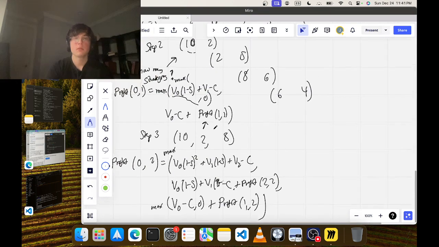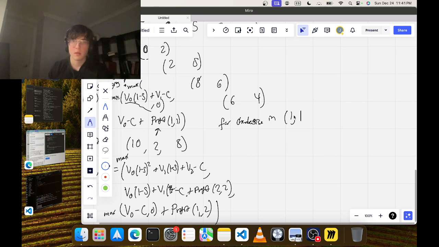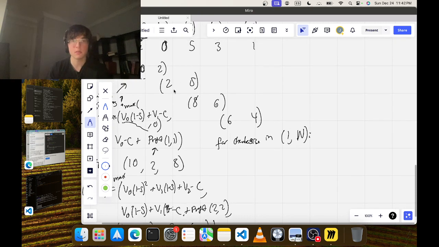So what does this loop look like? For chunk size in, we start at 1 and we go all the way to n. Then we have to do this for every single one of these chunks, right?